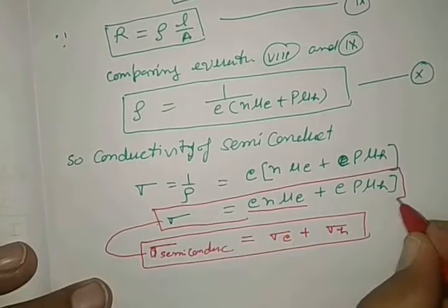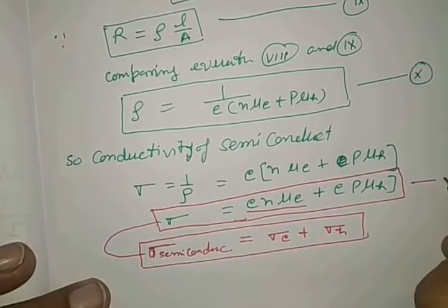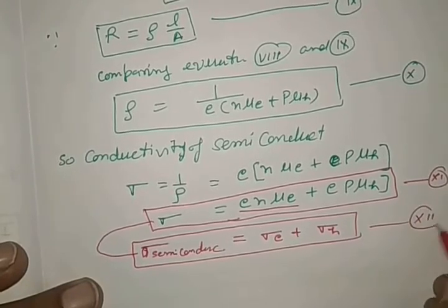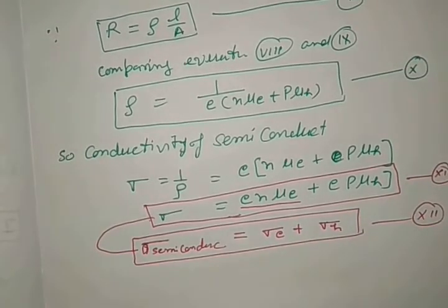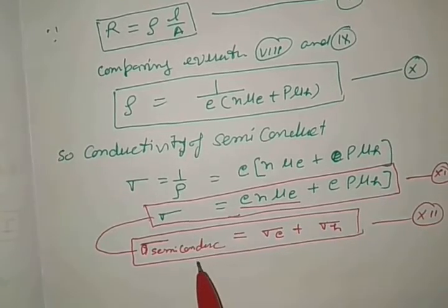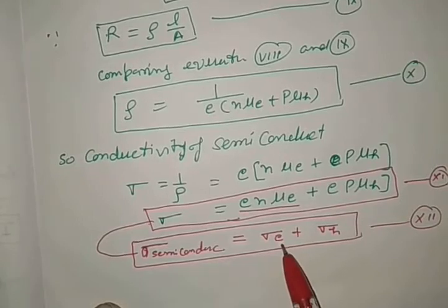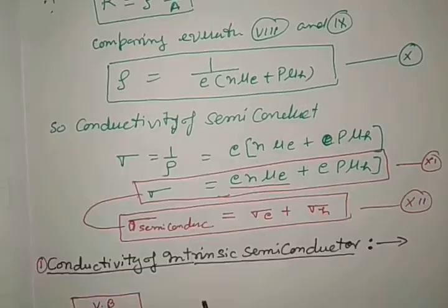This is the general mathematical formula to calculate the conductivity of a semiconductor. So conductivity and resistivity both depend on the number of charge carriers, that is electrons and holes.